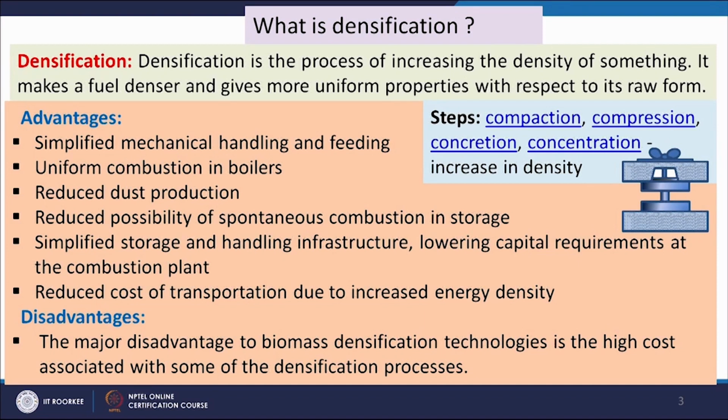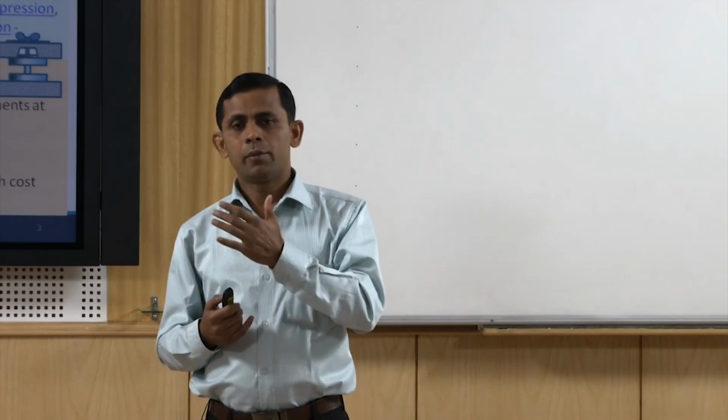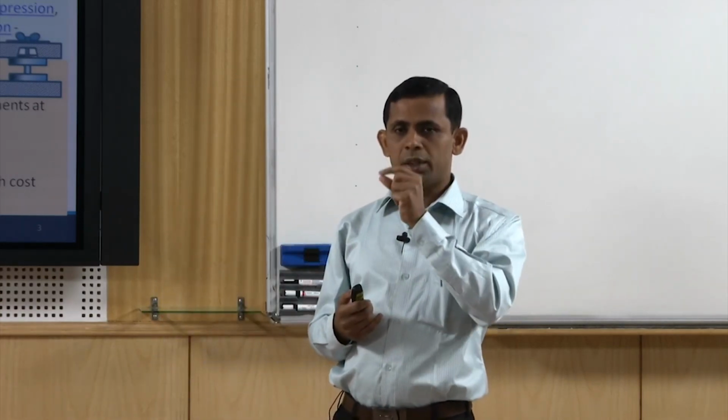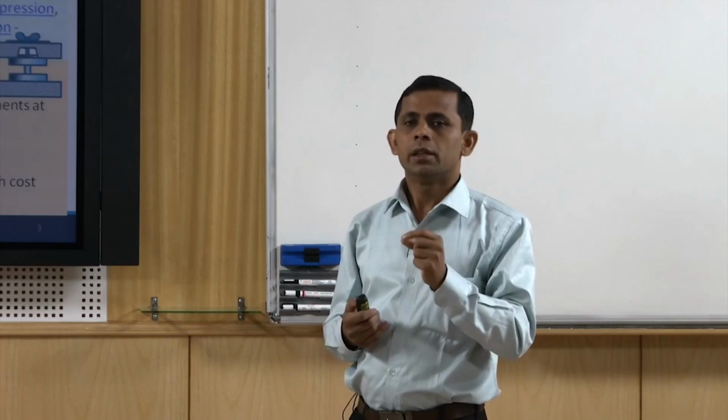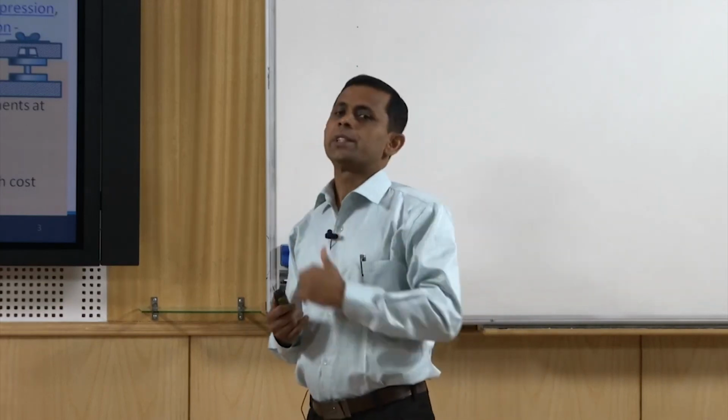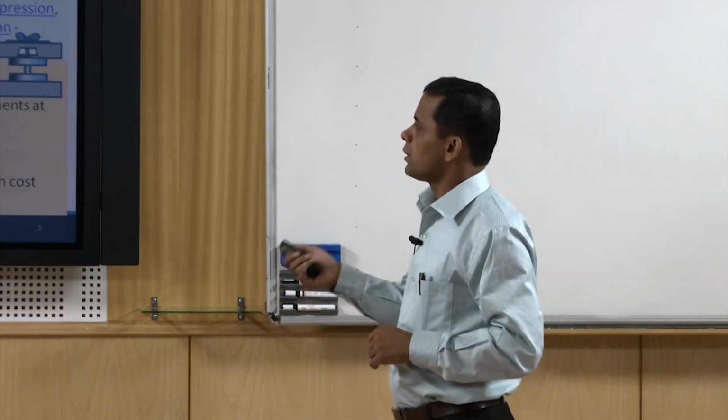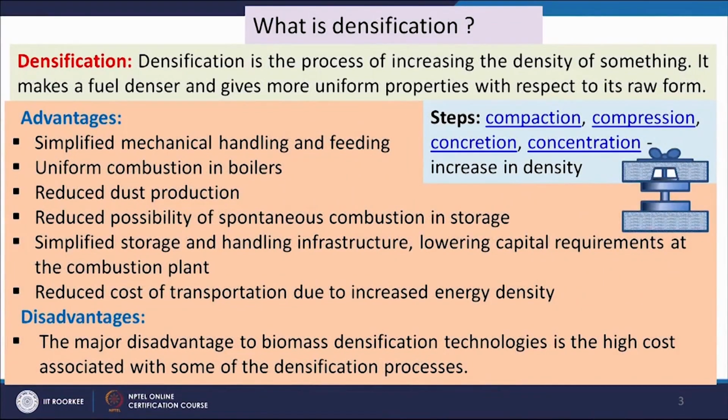When the briquettes are used in boilers, then due to their uniformity in properties like particle size, the combustion is more efficient. So, that is why uniform combustion in boilers, reduced dust production as the smaller particles are not available in this material, and reduced possibility of spontaneous combustion in storage, simplified storage and handling infrastructure, lowering capital requirements in the combustion plant, and reduced cost of transportation.